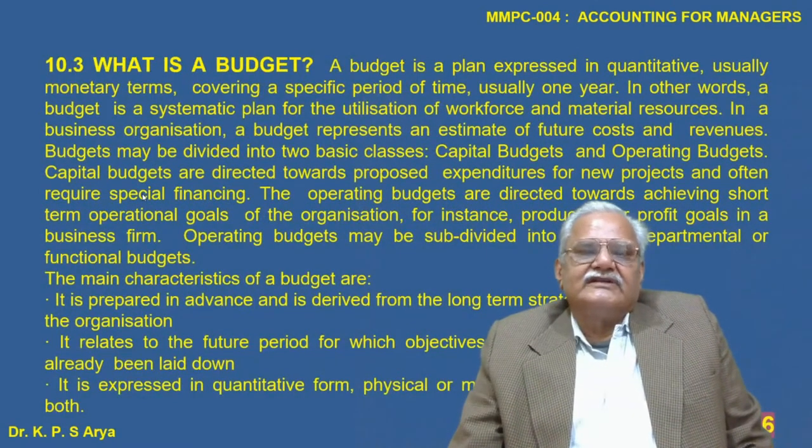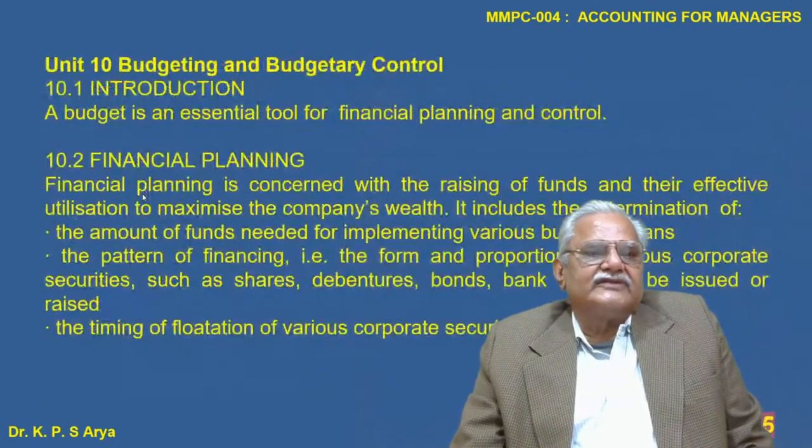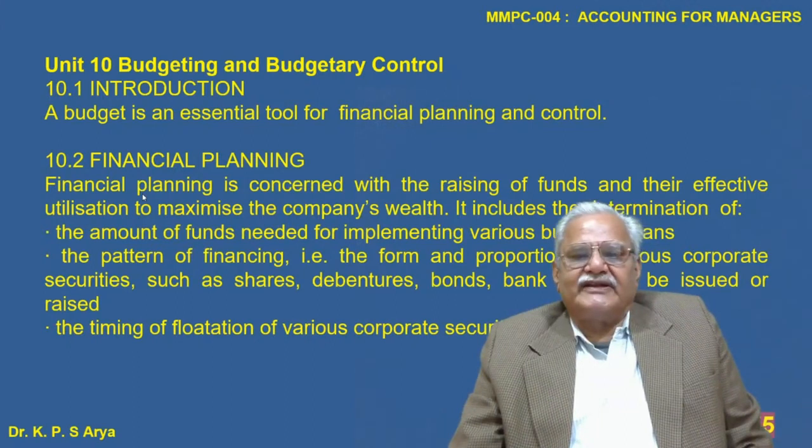Now, another unit is 10.2, budgeting and budgetary control. Unit 10. A budget is an essential tool for financial planning and control. Financial planning is concerned with the raising of funds and their effective utilization to maximize the company's wealth.